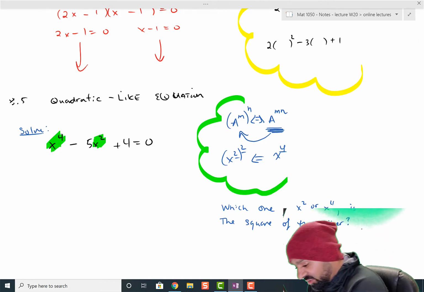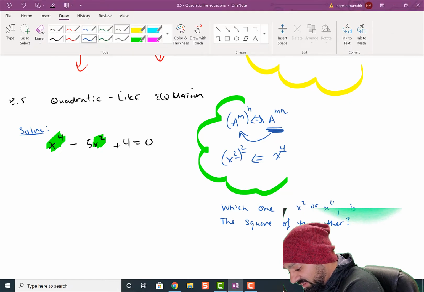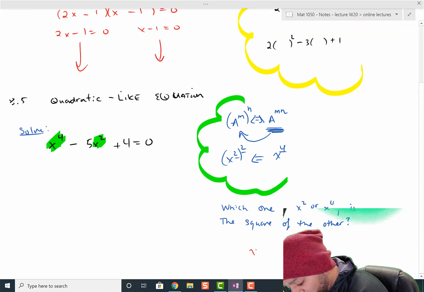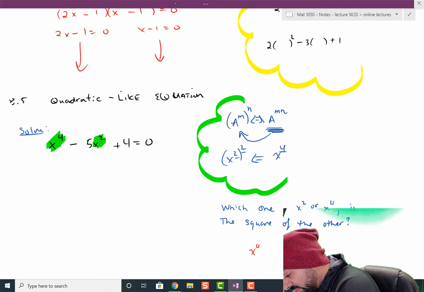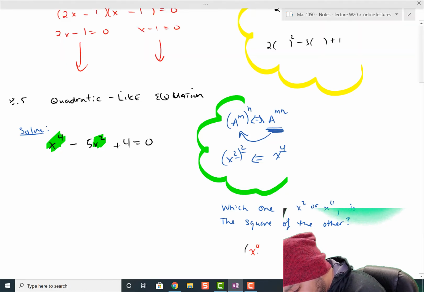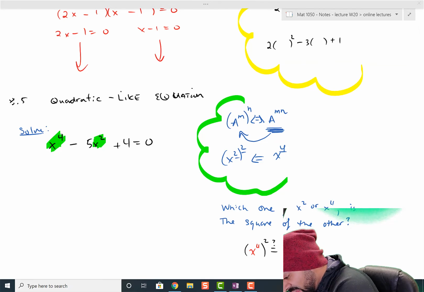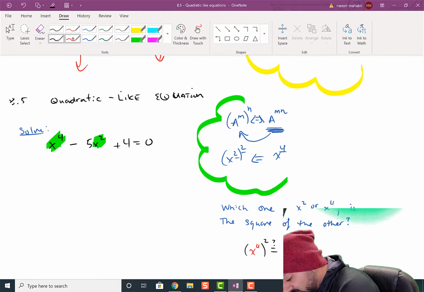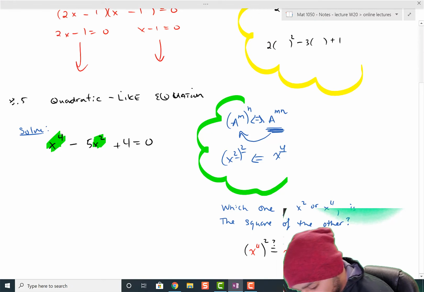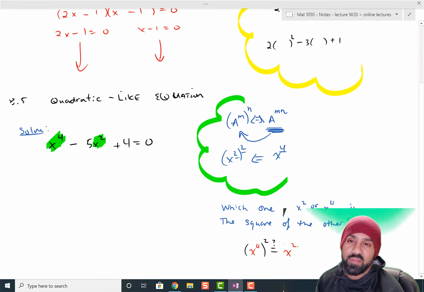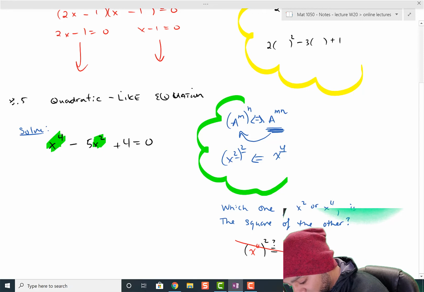Okay, so check this out. This is my thought process behind this. If I were to square x to the fourth, does that give me the other one? What's the other one? The other one is x squared. Of course not. That makes no sense. It gives you x to the 8th. That's terrible. But check this out.